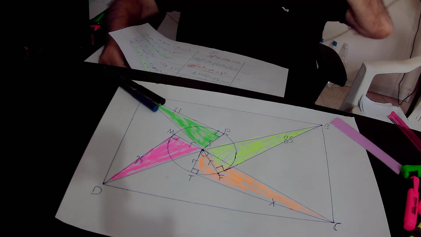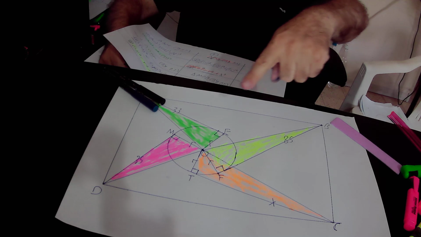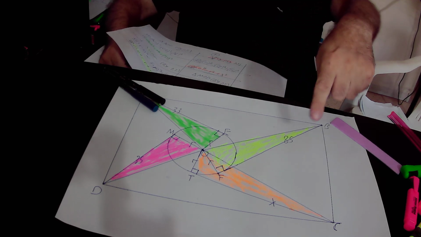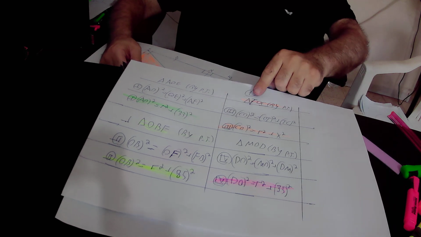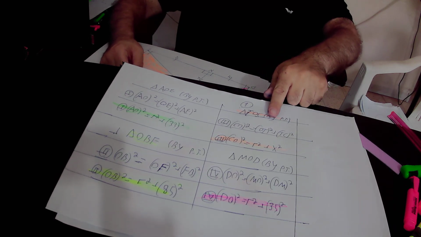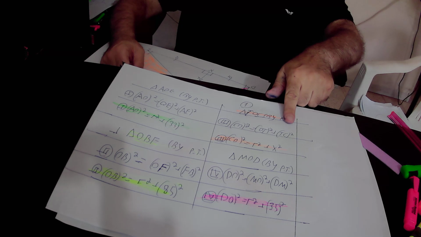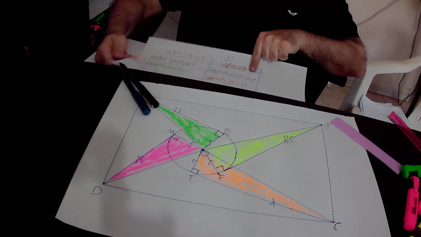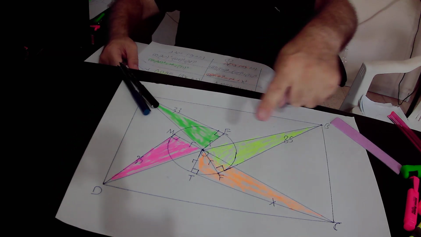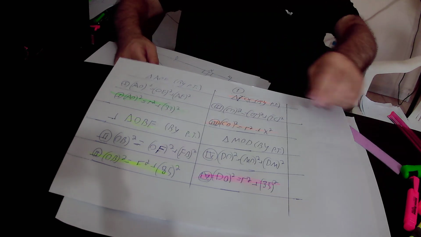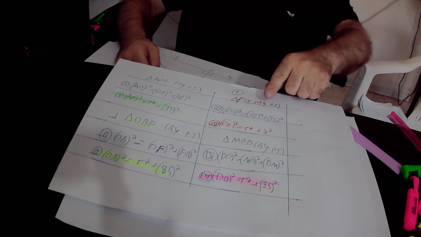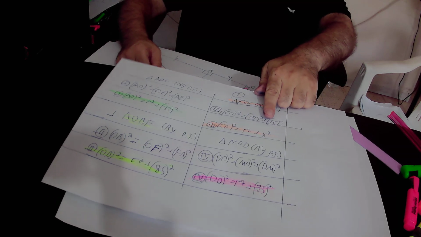According to the Pythagoras theorem, CO square equals OT square plus TC square. OT is R, TC is X. Therefore, according to equation number 3, CO square is R square plus X square.